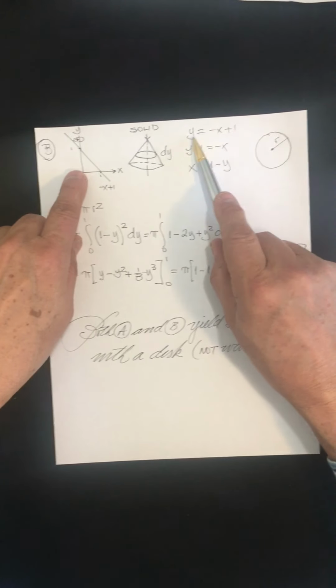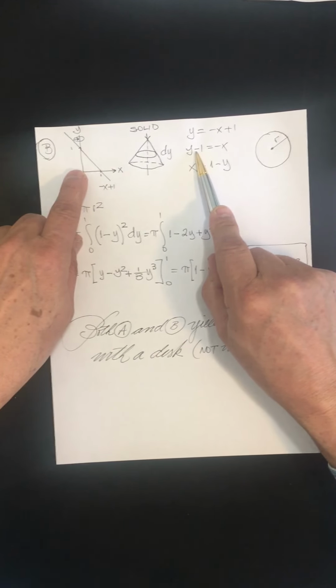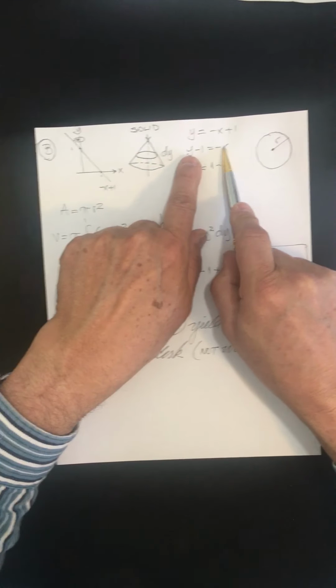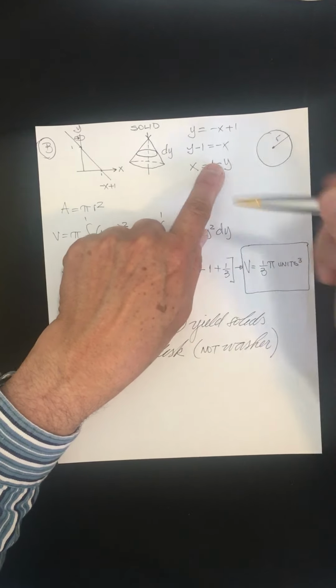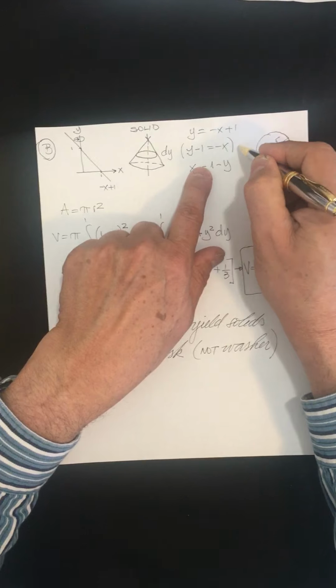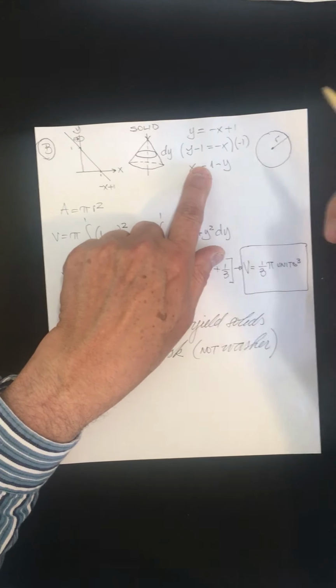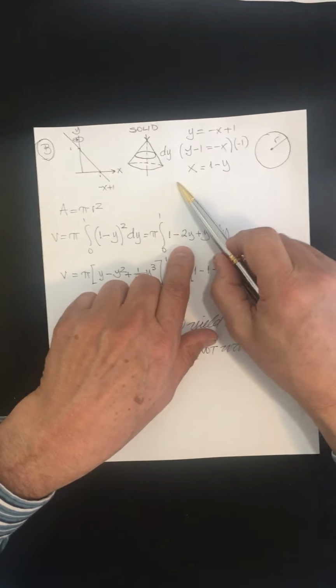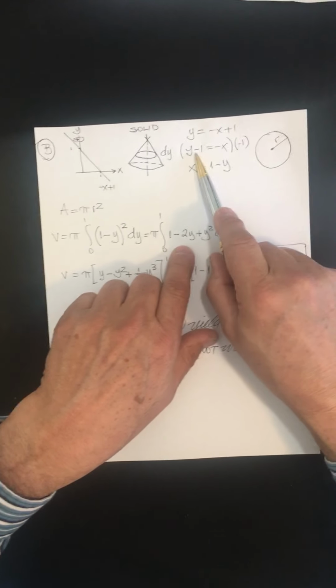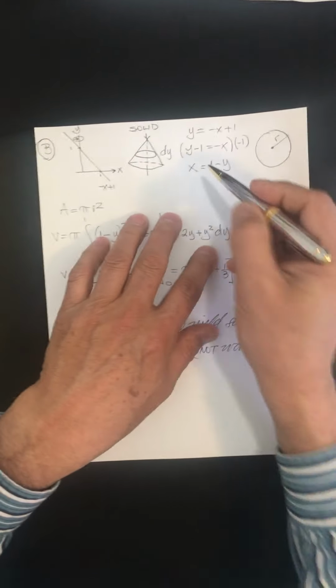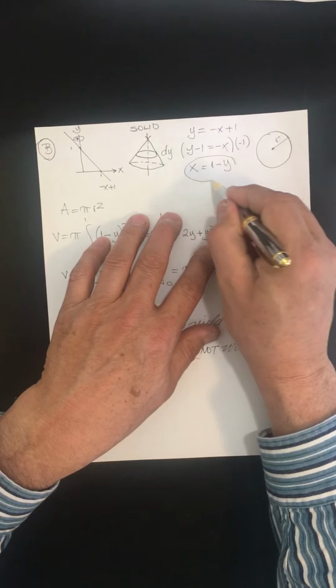Subtract 1 from both sides, I get this. Now, I have minus x, I want plus x. Multiply the whole thing by minus 1. That makes the x positive and makes the y negative and makes the 1 positive, and we get this new function to integrate.